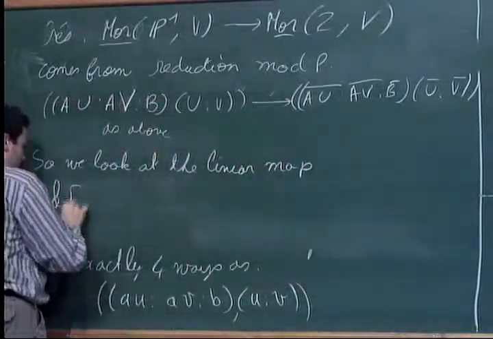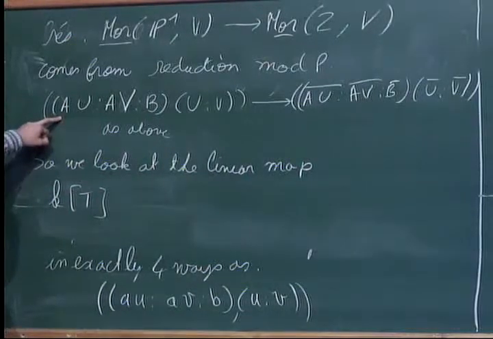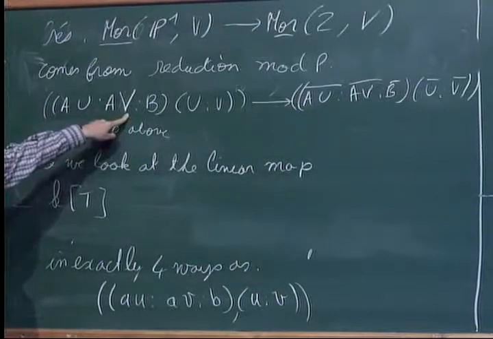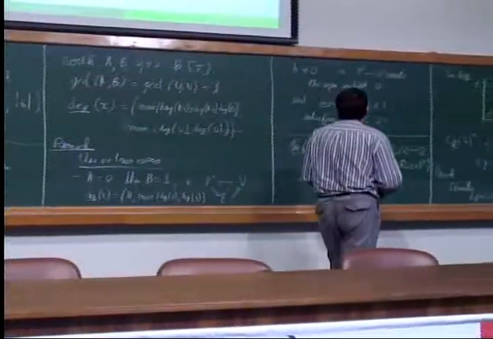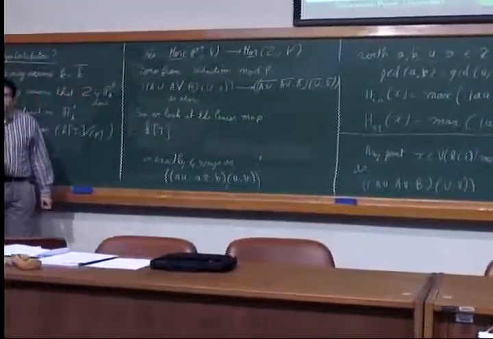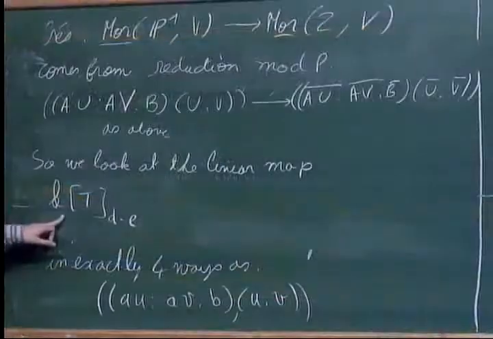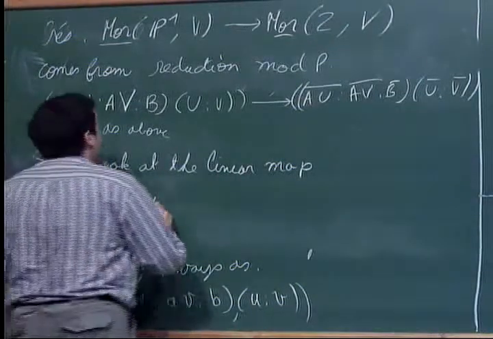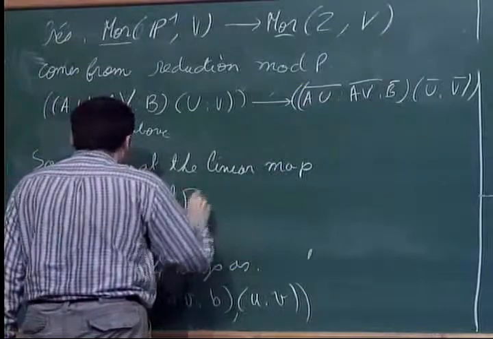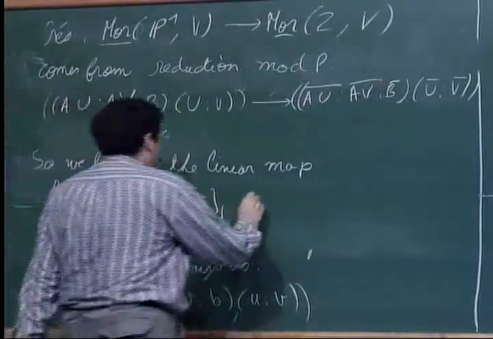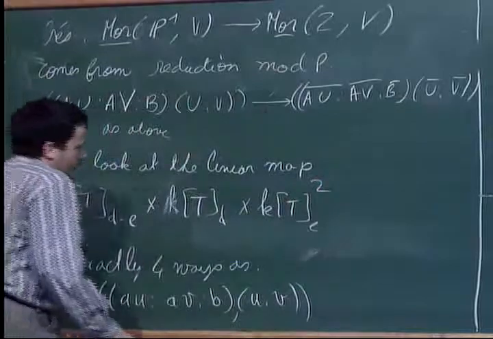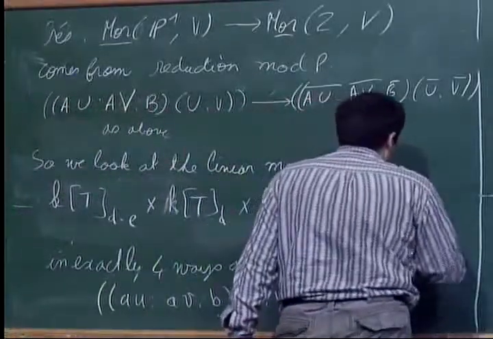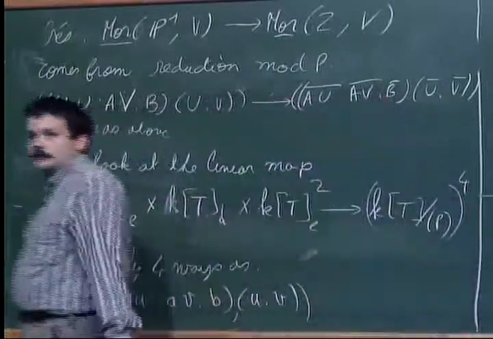Here I should be careful: the degree of U and V is less than E, and the maximum of their degrees is equal to E. So in fact, the degree of A should be D minus E. A belongs to the polynomials of degree D minus E, B belongs to the polynomials of degree D, and then I take two polynomials of degree less than E, squared, and I send everything onto the polynomials modulo P to the power 4.